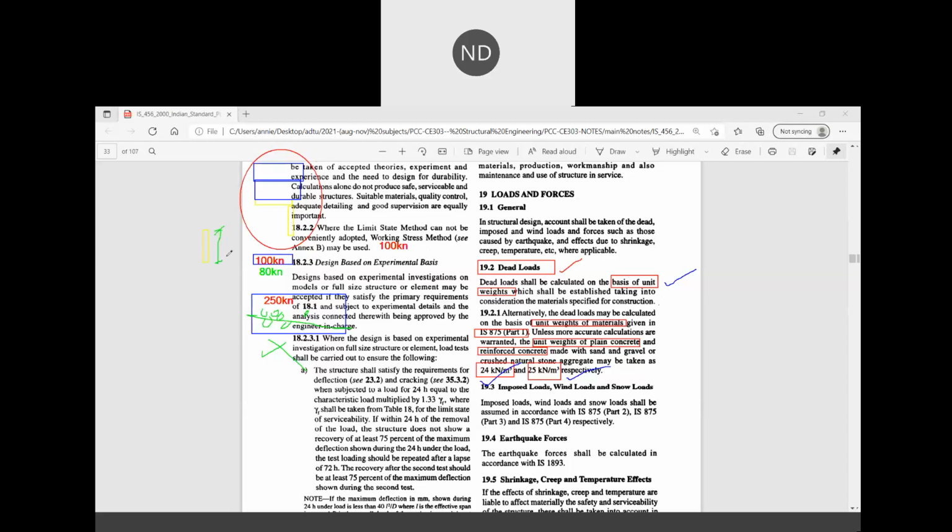obviously we will know per meter. Suppose for reinforced concrete it is 25 kilonewton per meter, unit weight means per unit. So if we know the per unit weight and the dimension of the column, obviously we can know the entire load of this.